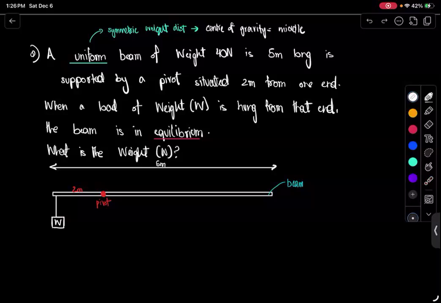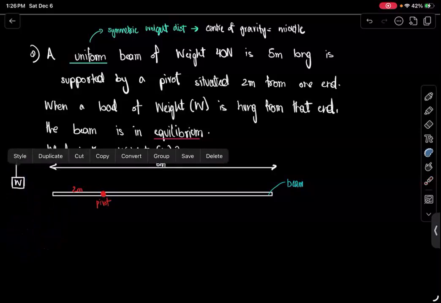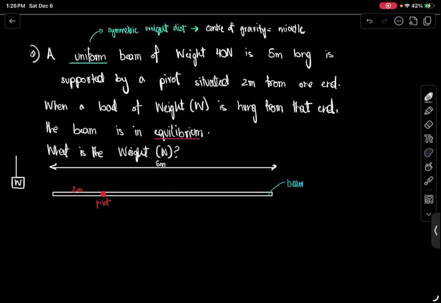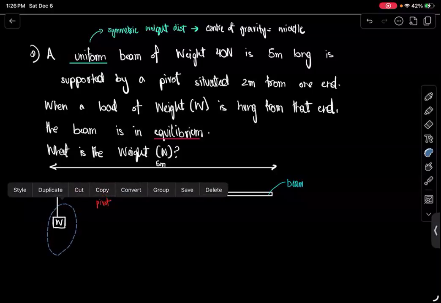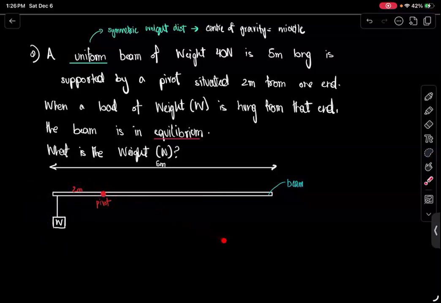I'll try to explain the question a bit. Think about it. You have a very long beam, okay? And if you pivot it over here, then assume that you don't have this weight. Obviously, if you don't pivot it at the center, it's probably going to turn like this, right? It's going to fall down from the other end. But in order to prevent that, you add a very heavy weight so that this side does not fall down.